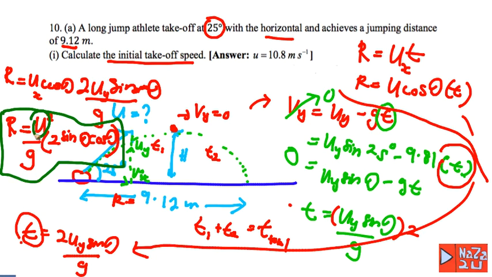You can use it to calculate the value of u, because r is the range given by the question, 9.12, g is 9.81, and theta is 25 degrees. Use the calculator and put all the values into the formula.